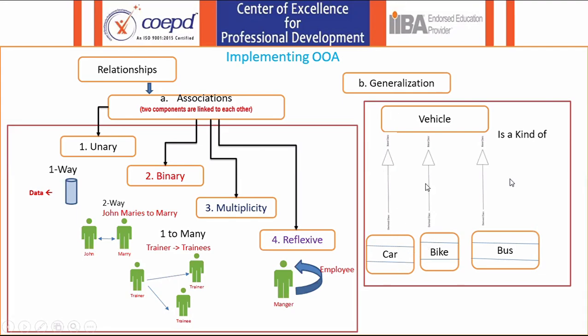That means if you look at the symbol, you need to understand what the symbol is. There is an arrow moving from the derived class pointing towards the base class. If anything is represented like this, it is called generalization. In simple terms, take a menu. You go to a hotel, you ask for a menu, right?